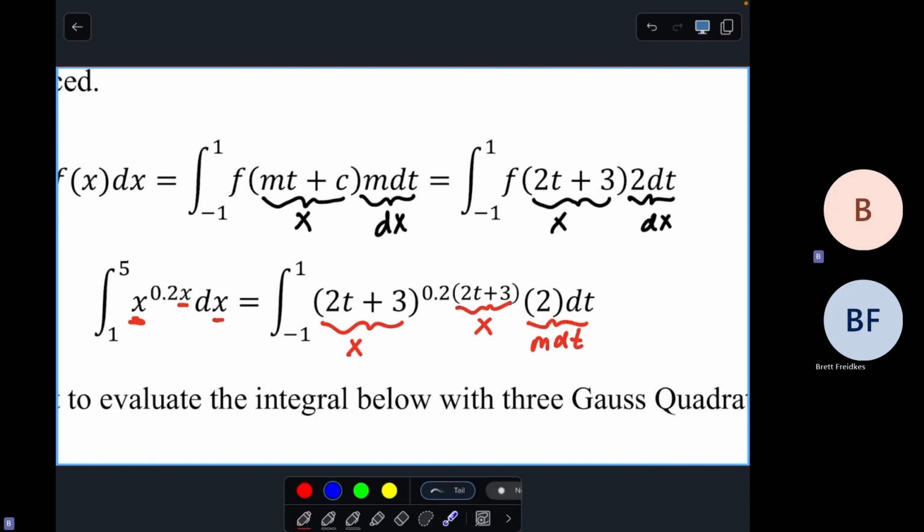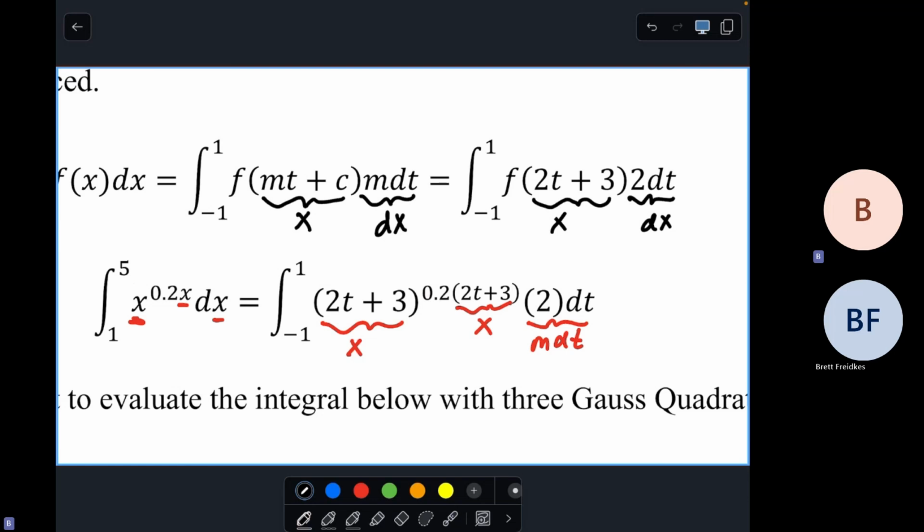Again, if we look, we can see that we have x, which is this x, times 0.2. This 0.2 comes from the function, times x, which is 2t plus 3. We're substituting in that value. And then we'll multiply by m dt. Is that okay?